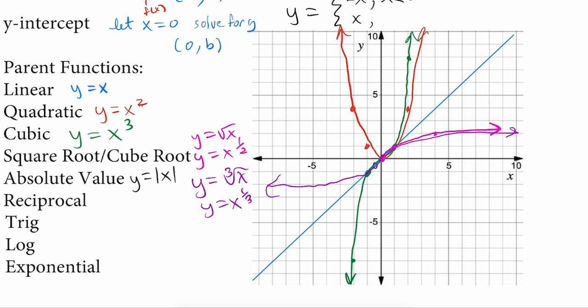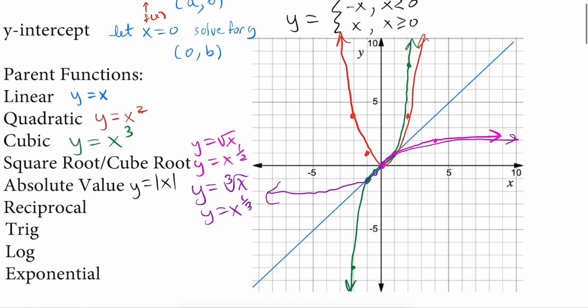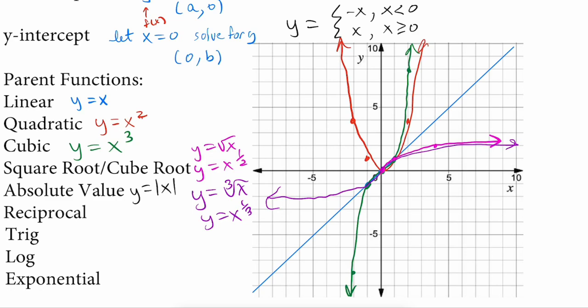It is the same if x is greater than or equal to 0. So the first piece is a line with slope of -1, and then when you get to 0, you switch to a line of slope of 1. So it will cover up part of my line here. So it actually is the same as the identity function in that first quadrant. So that's a perfect little V that splits the first and second quadrant.